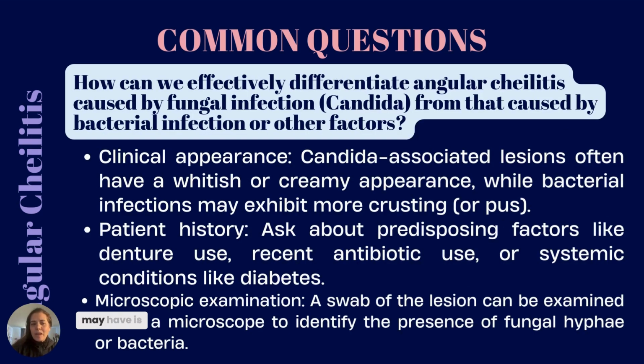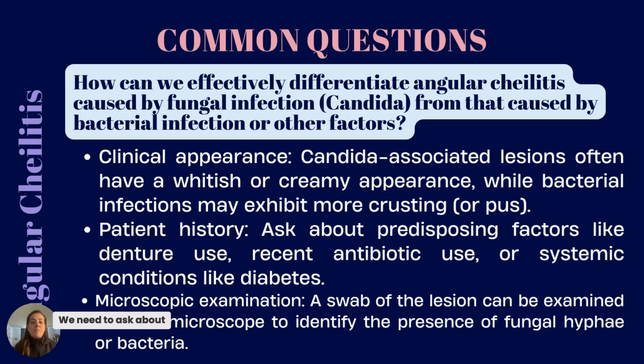Another question that we may have is how can we effectively differentiate angular cheilitis caused by a fungal infection from that caused by a bacterial infection or other factors? One, the clinical appearance. Those that are associated with Candida often have a whitish or creamy appearance. Bacterial infections, on the other hand, may show more of a yellow color, crusting, or even pus. The patient history is another thing that we need to consider.